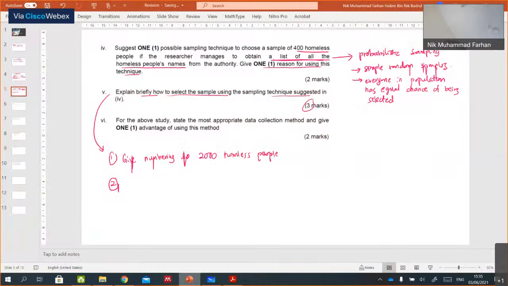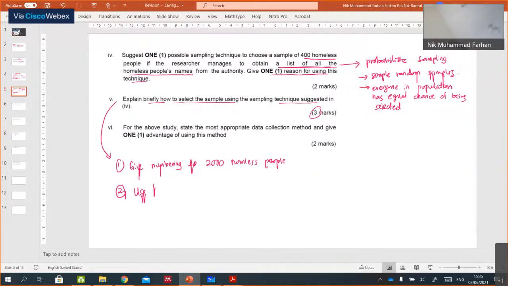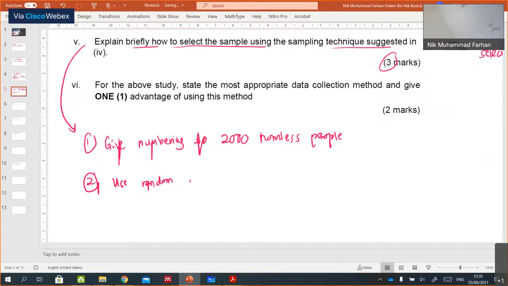Okay, use random number table to choose 400 people. Okay, so what needs to be done next is to, right?